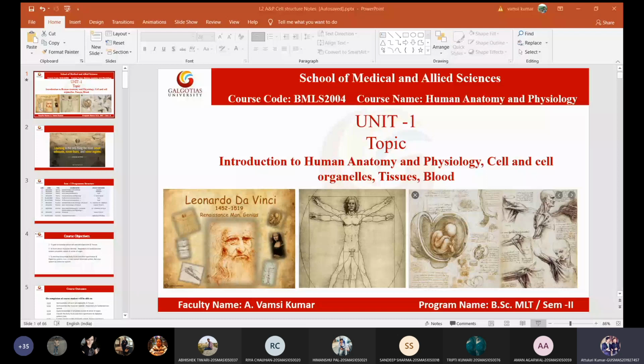How is the intestine moving the food materials? It is moving the food materials with the help of the smooth muscles. The small intestine and large intestine are made up of a specialized muscle called smooth muscle, and that smooth muscle will involuntarily contract the food materials for digestion purposes.